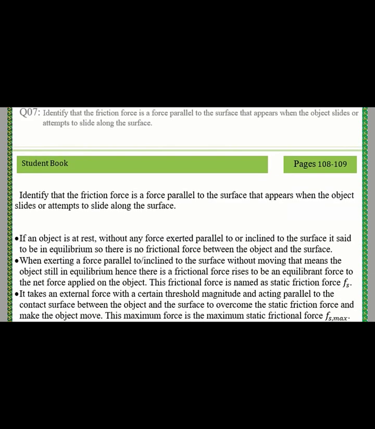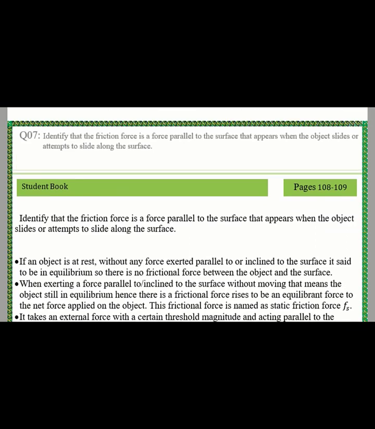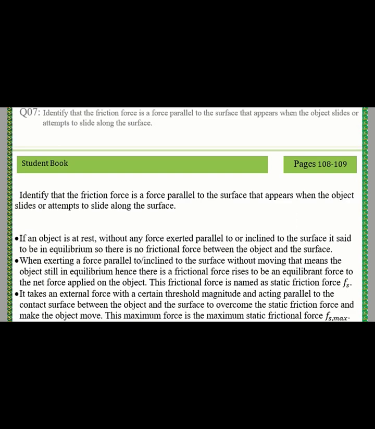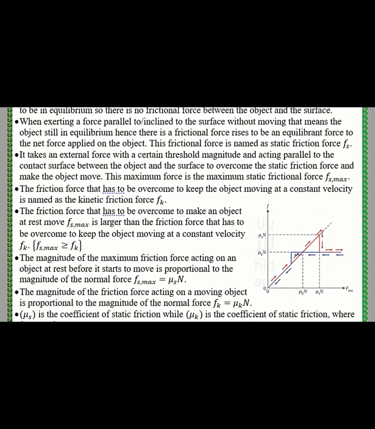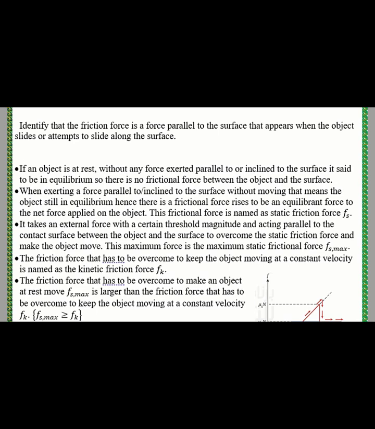Now for goal number 7, please read this carefully to understand everything about static friction and kinetic friction.